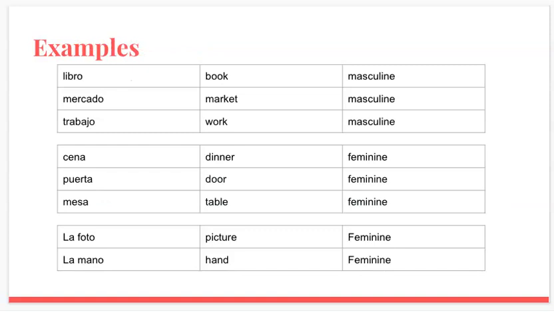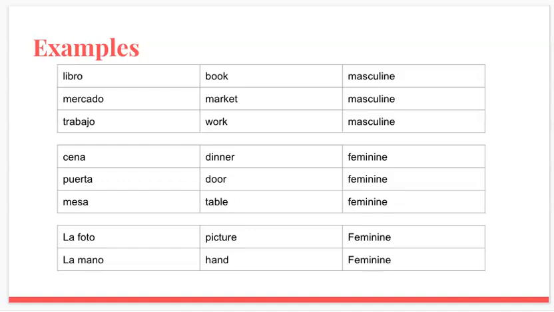Some examples of this would be libro, mercado, trabajo, and all these are masculine because, as you can see, they end in an O. Cena, puerta, and mesa all end in an A, so those would be feminine. And some irregular ones are right here. La foto and la mano, they both end in an O, so we would be led to believe that they would be masculine, however they are feminine.